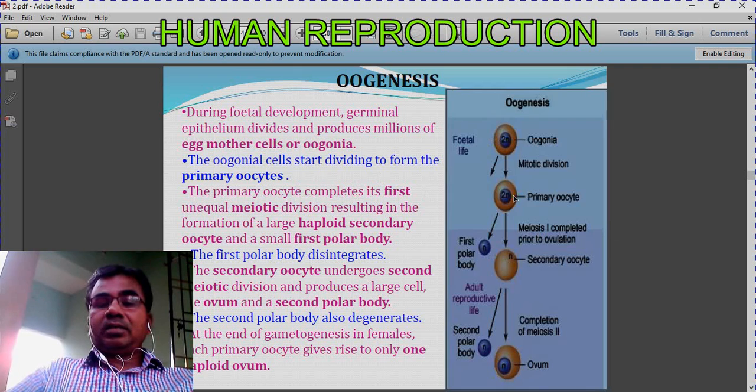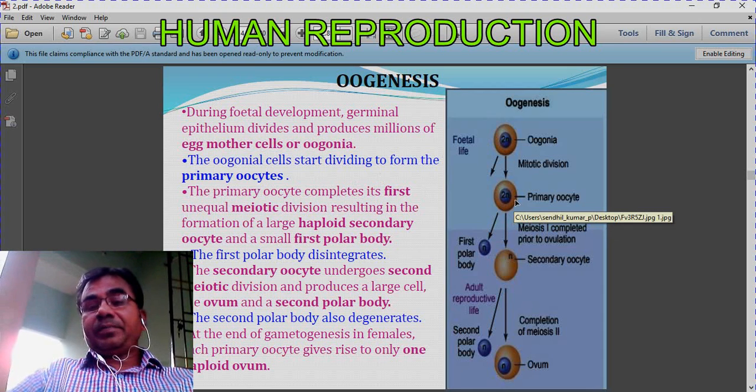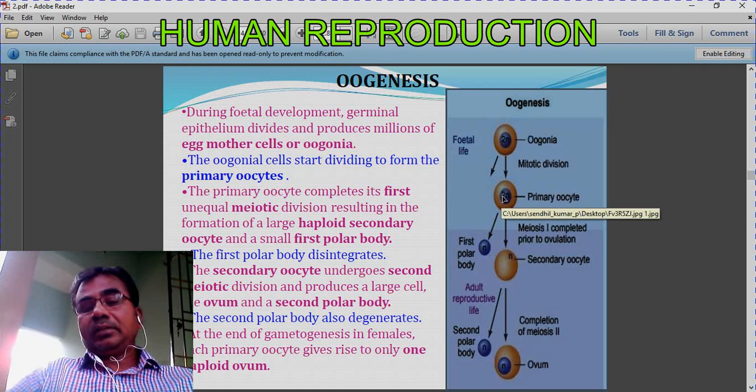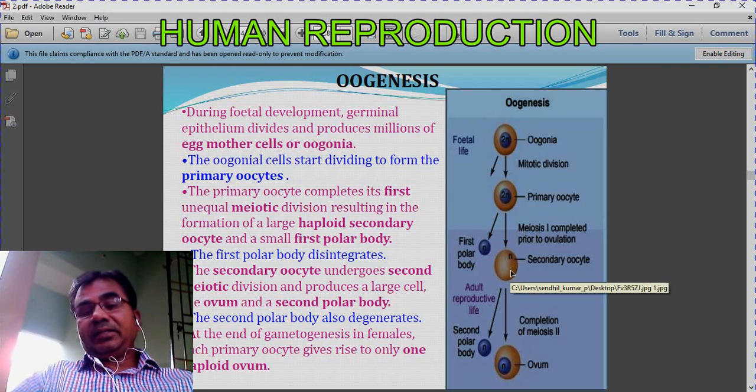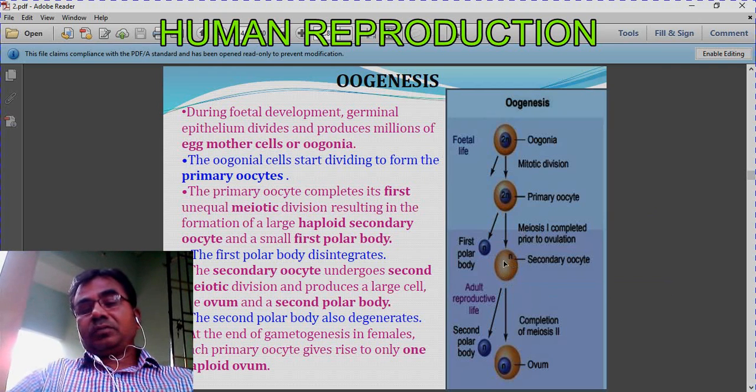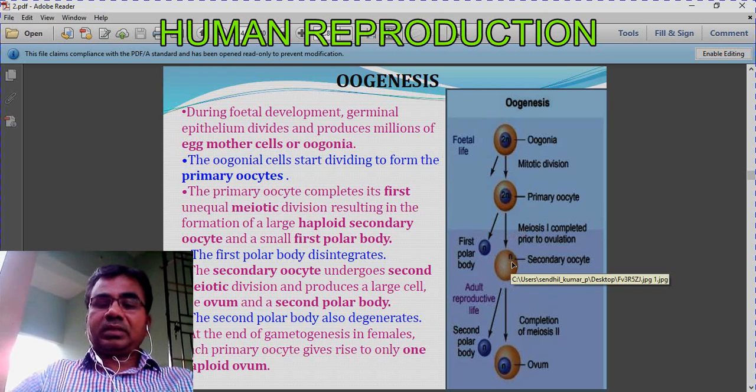Due to this meiosis, the chromosome number is reduced. Look at this: in the primary oocyte, the chromosome number is 2n, that is diploid, whereas in the secondary oocyte it is n, that is 23 chromosomes. In the primary oocyte it is 46 chromosomes, but in the secondary oocyte only 23 chromosomes are there.